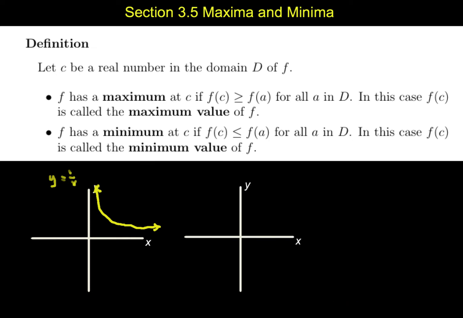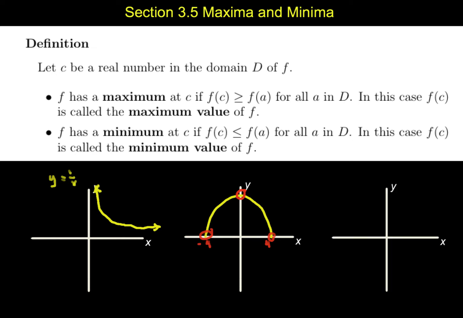We could also have the example of maybe a parabola, and say it looks something like this. And then we see that there is a maximum value that occurs here. And if our domain, say, maybe this is minus 4 to 4, so we're on a closed domain, we would have a minimum value of 0 at these locations. So this is an example where we have one maximum and two locations where we have a minimum value, though it's the same minimum, right? It's 0.